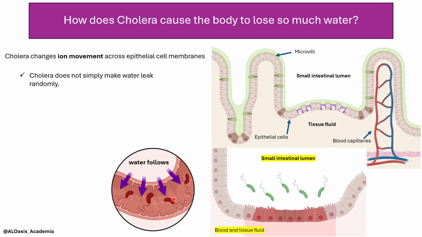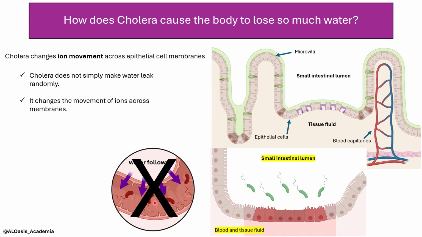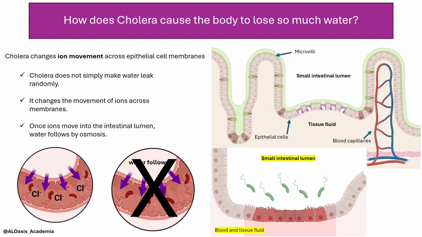However, cholera doesn't simply make the water leak from the tissue fluid and blood into the lumen. So that's not what happens. What actually happens is that cholera changes the movement of ions across the membrane of the epithelial cells. As we mentioned in the previous video, mainly chloride ions, the cholera toxin will induce or increase chloride ion movement from inside the cell into the small intestinal lumen.